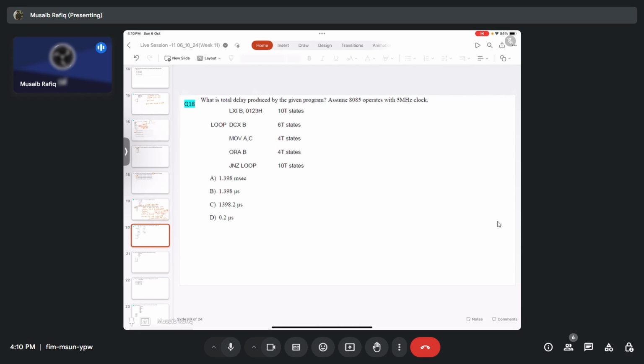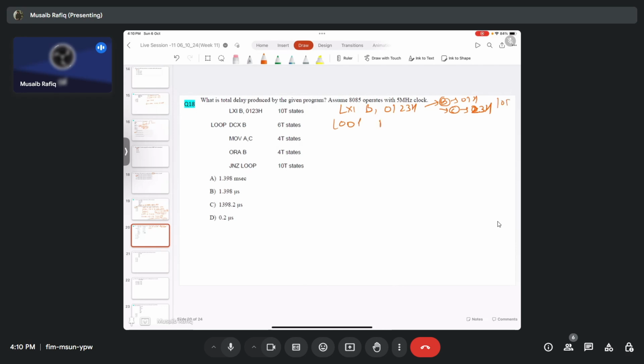So let me just show you the solution. This is question 18. So LXI B gets 0123 hex. So B gets loaded with 01, C gets loaded with 23 hex. Then I have the loop, and this takes 20 states.